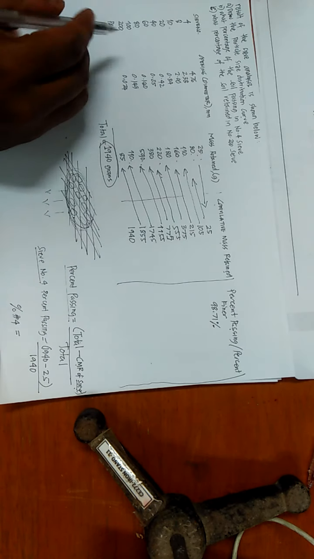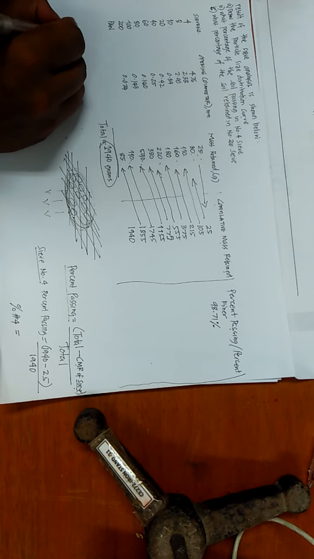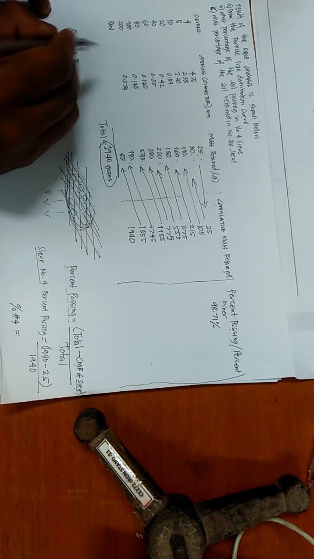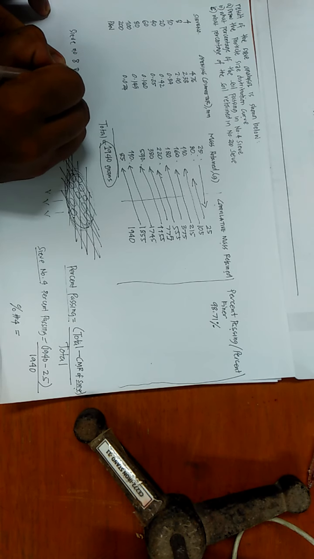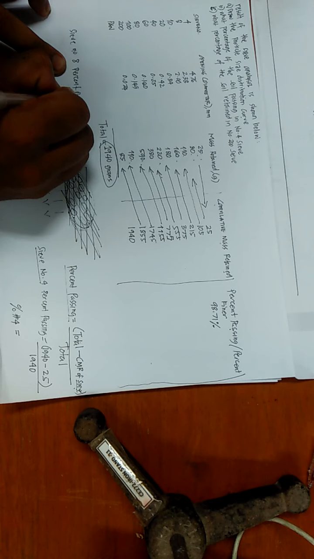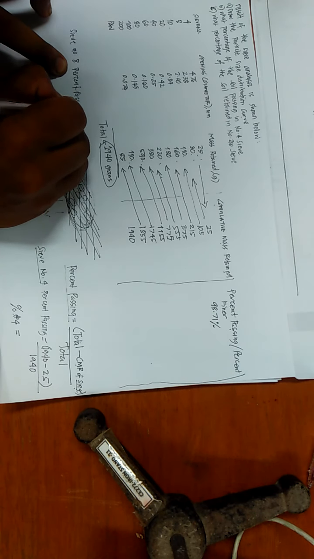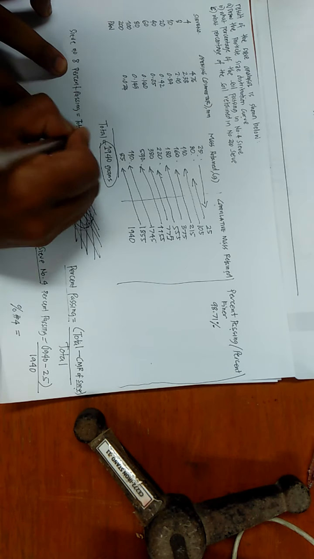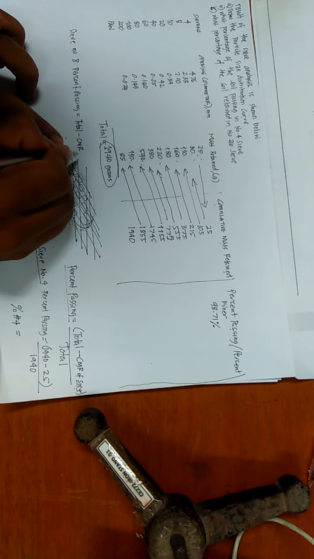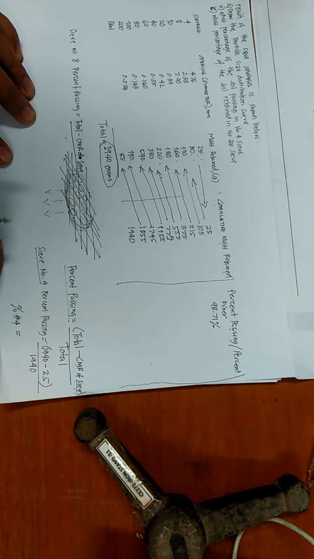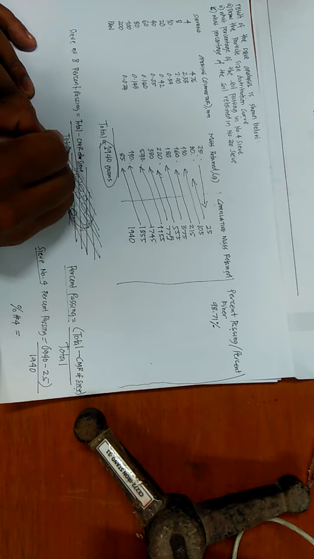Ganyan naman, for our sieve number 8. For sieve number 8, percent passing. Again, total minus your cumulative mass retained of the sieve, divided by your total.